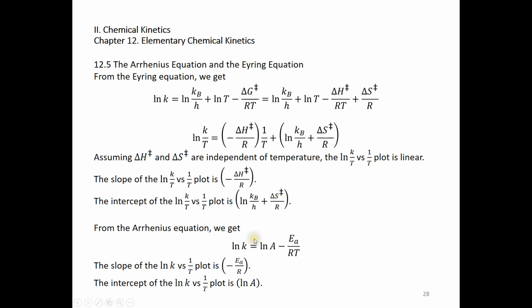From the Arrhenius equation, we have ln k equals ln A minus the activation energy over RT. A is the pre-exponential factor.